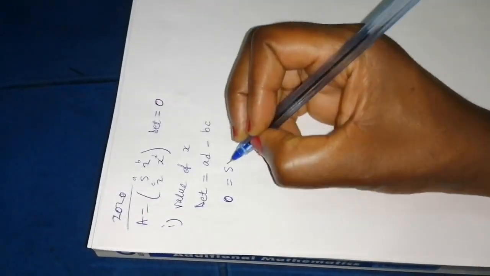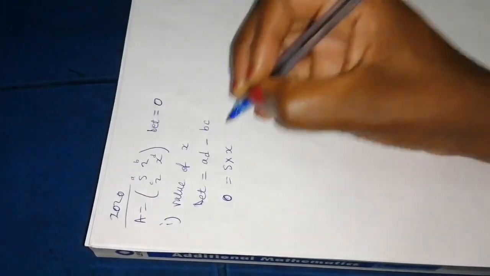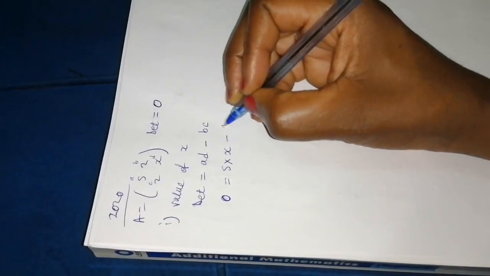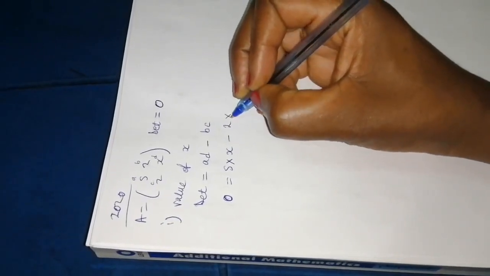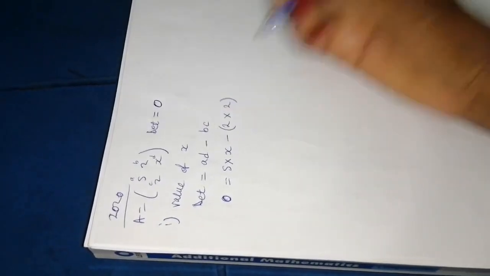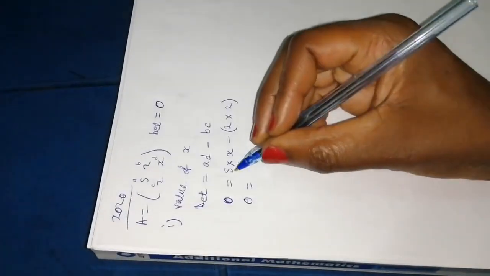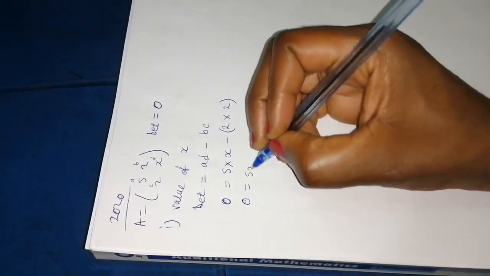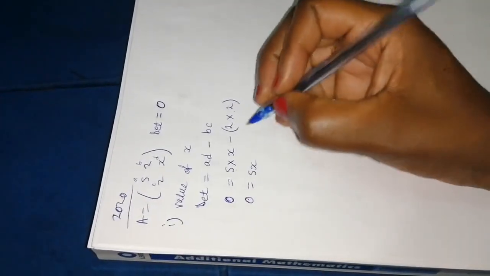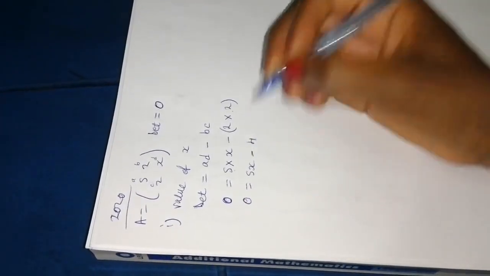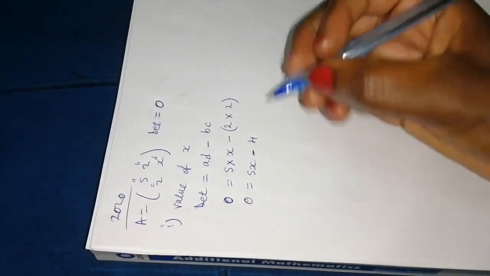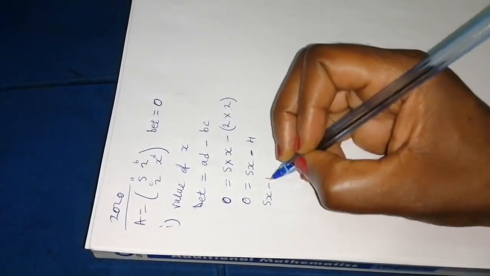A is 5 times d, which is x, minus b is 2 times c, which is also 2. Okay, so we have 0 equals 5 times x is 5x, 2 times 2 is 4, so we have minus 4. Okay, I'll swap these.